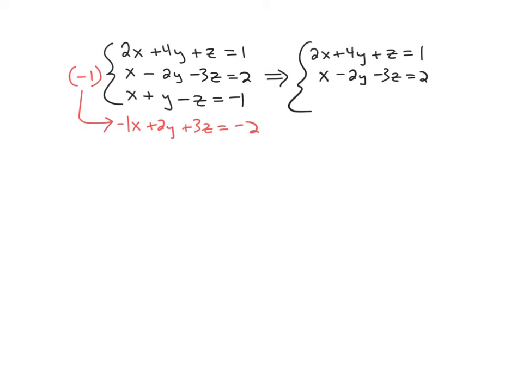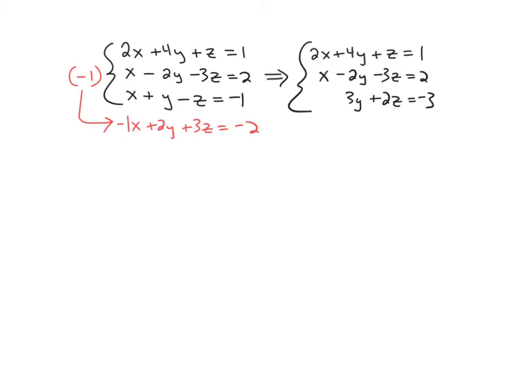And now I'm going to replace this equation with the sum of this equation and a multiple of that second equation. So when I add those together, the x terms are going to drop out, and I end up with 3y plus 2z equals -3.